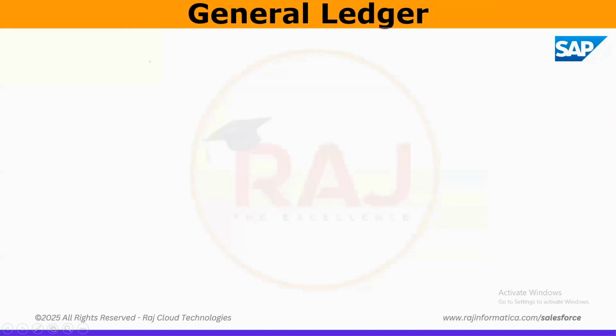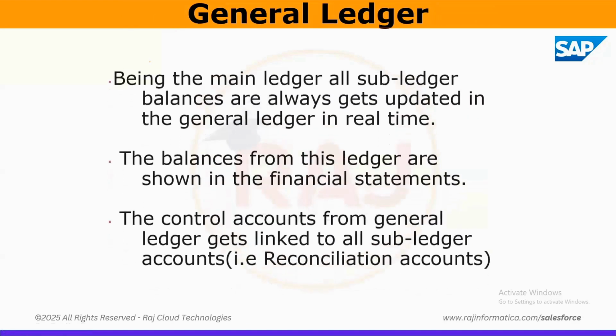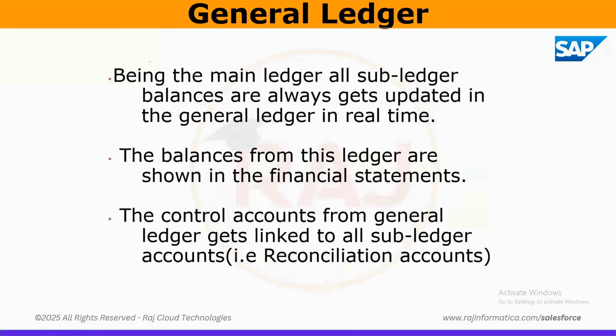Then the next topic is general ledger accounting. When we talk about the general ledger, why do we call it the main ledger? Because the GL balances are updated in your financial statement. Every year we have to prepare the financial statement of a company, correct?